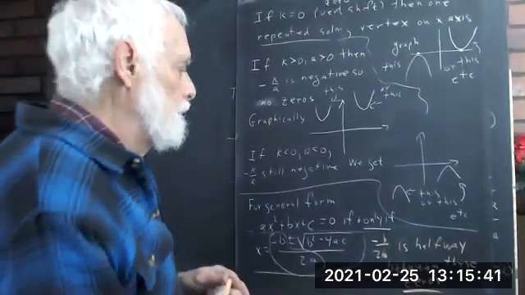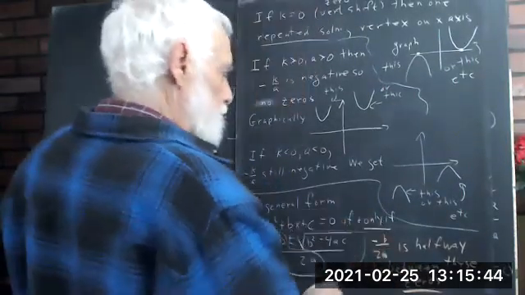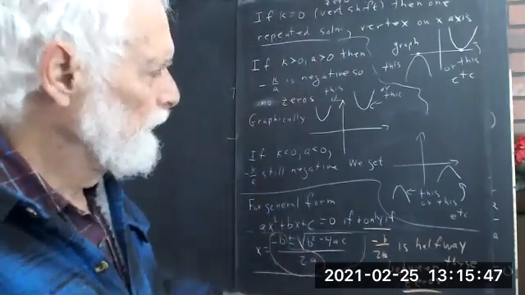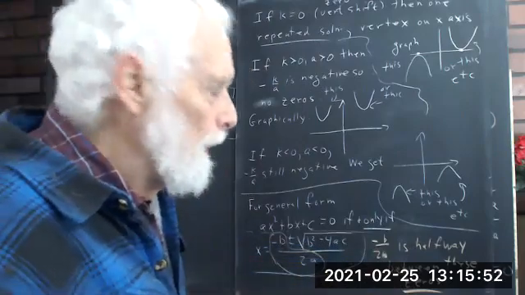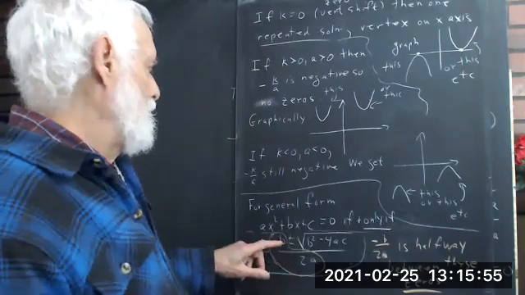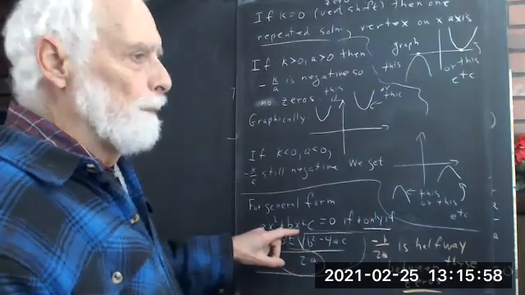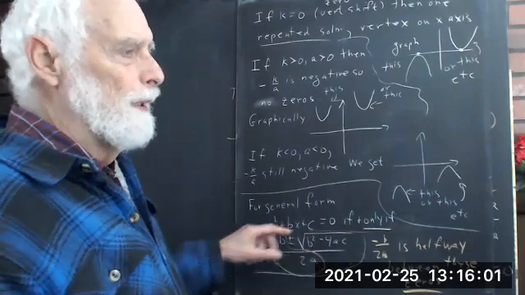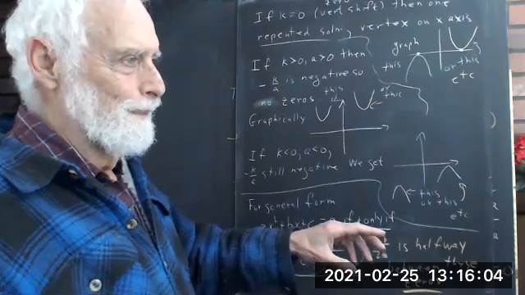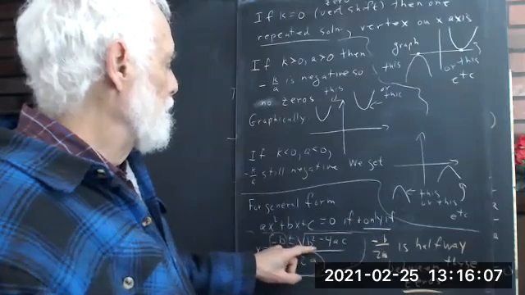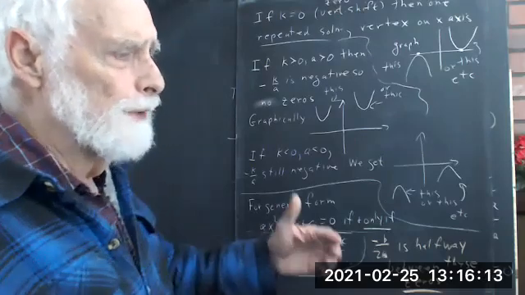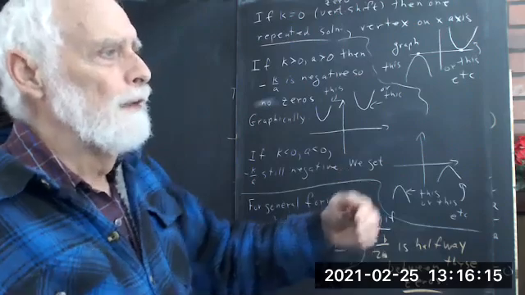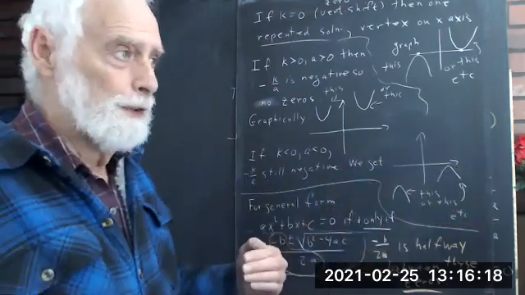And you can't see the word zeros, so make sure you can. Negative b over 2a is halfway between the two zeros, and that's easy to see because what's halfway between negative b plus something and negative b minus something? Here you're either adding or subtracting the same thing from negative b, meaning that negative b is exactly halfway between what you get if you move this far on one side and move the same distance on the other side.